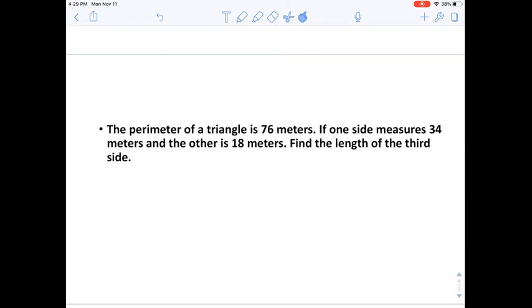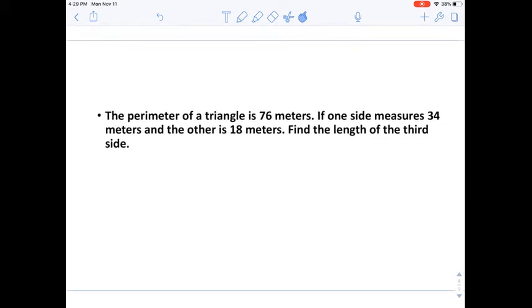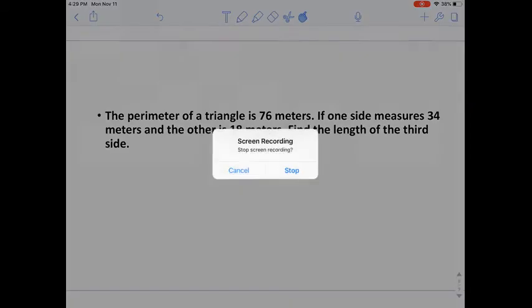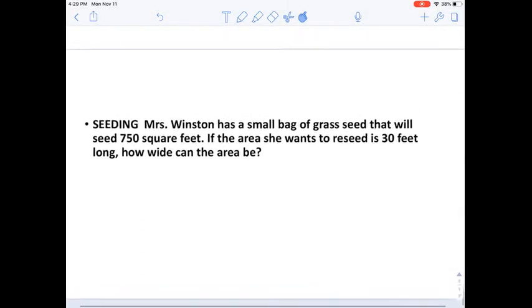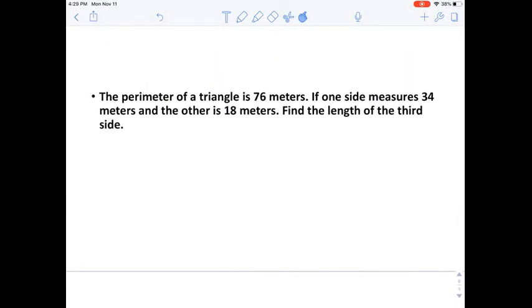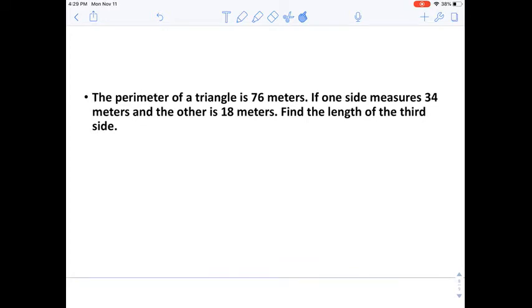The perimeter of a triangle is 76 meters. If one side measures 34 meters and the other is 18 meters, find the length of the third side. Okay, so we need to find the perimeter of the triangle. We know that perimeter equals, what's the formula?